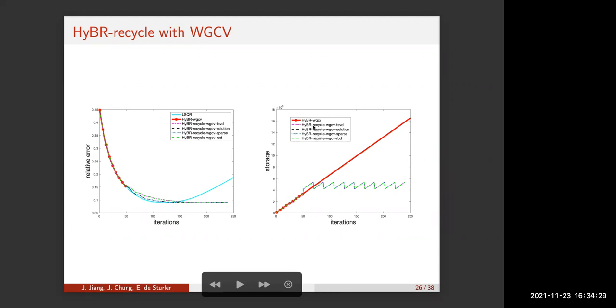But for the hybrid method with recycling, each time we touch the storage limit, we do the compression, then we do the augmenting, and then we do the compression again. So we can see the storage is always below a certain number, which means we can run any number of iterations as we want, and we don't have this issue.